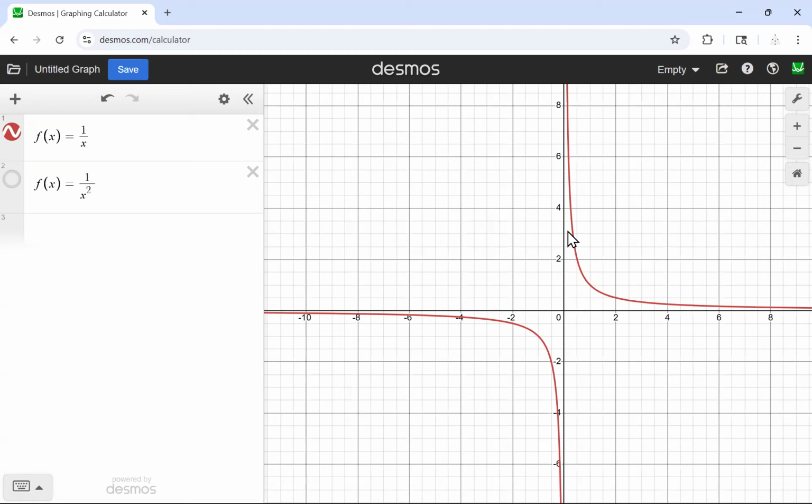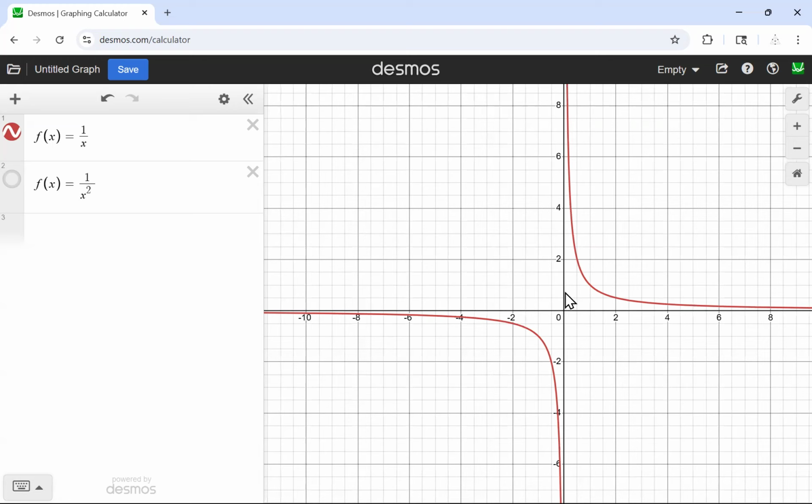It approaches the y-axis as x gets closer to 0. But it approaches in two different directions. It approaches a y value of negative infinity as x gets closer to 0 from the left, and the y value approaches positive infinity as x gets closer to 0 on the right.